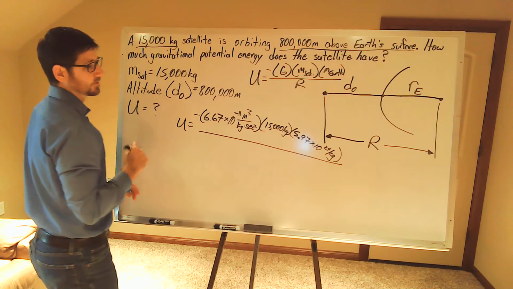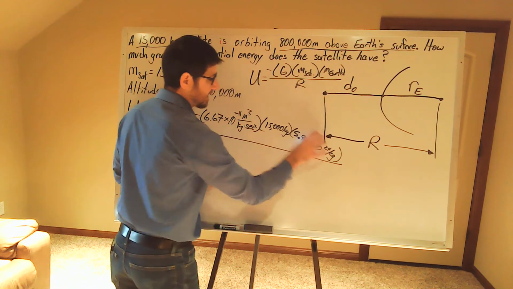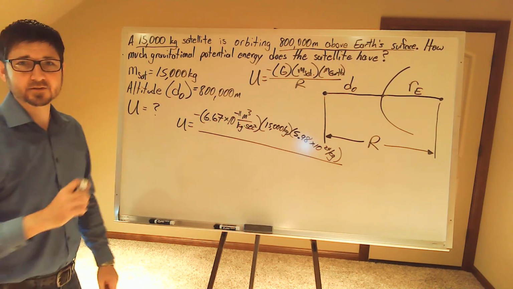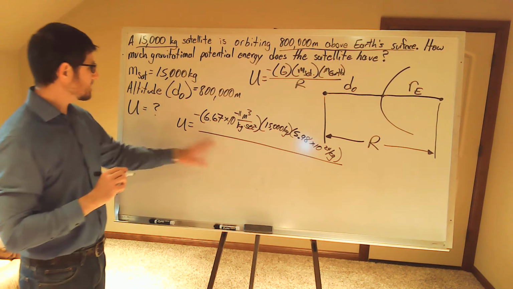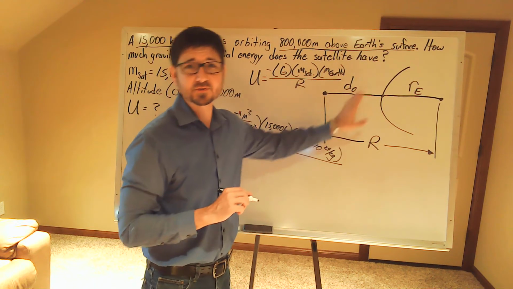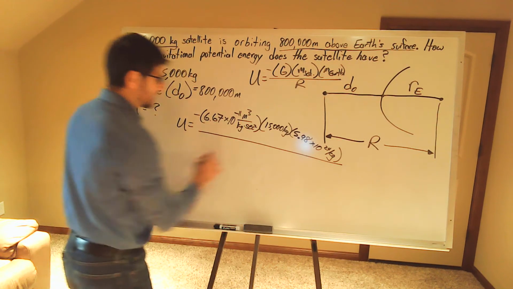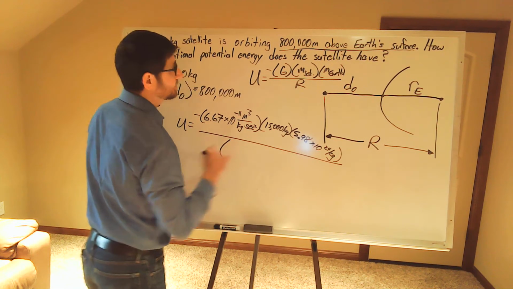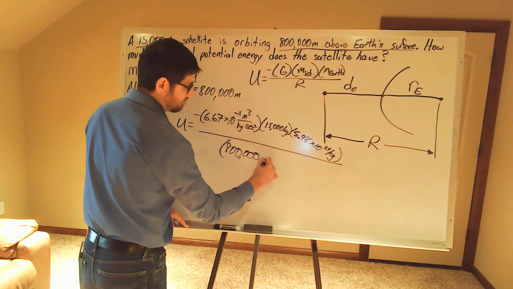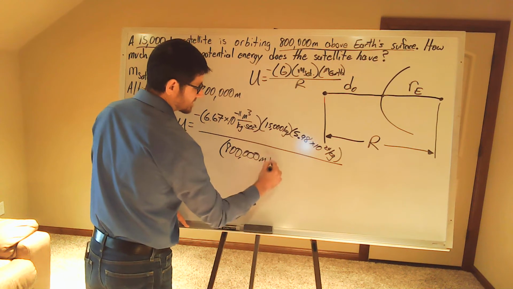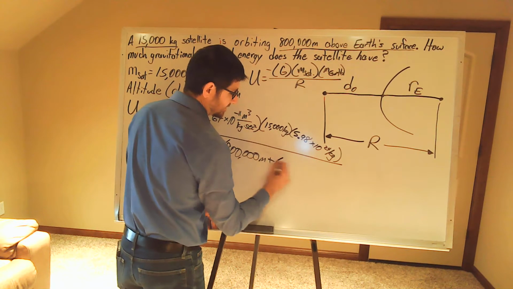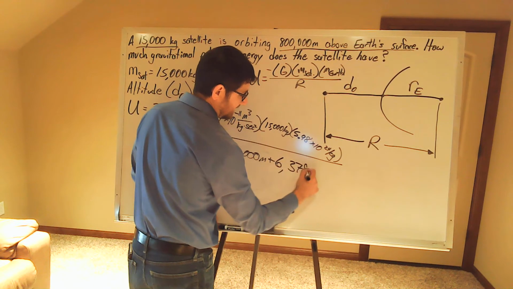This is 5.98 times 10 to the 24th kilograms. We're going to divide this by R, which is the sum of our altitude and the radius of the Earth. So d sub 0, our altitude of 800,000 meters, plus the radius of the Earth, which is 6,378,000 meters.